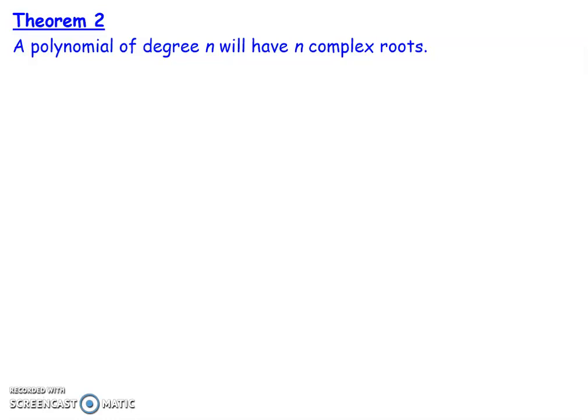Second one, a polynomial of degree n will have n complex roots. So let's imagine we've got a polynomial, f of z, it's got a degree n, and f of z equals 0. Well, we know that k_n is a solution, using the fundamental theorem of algebra. So what that then means is that z minus k_n is a factor.